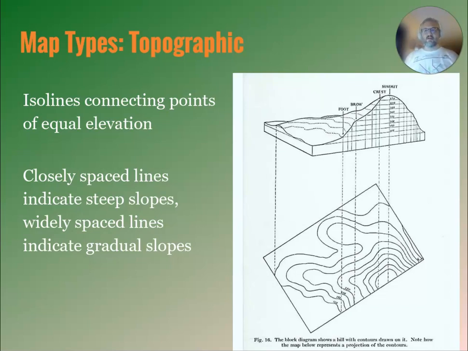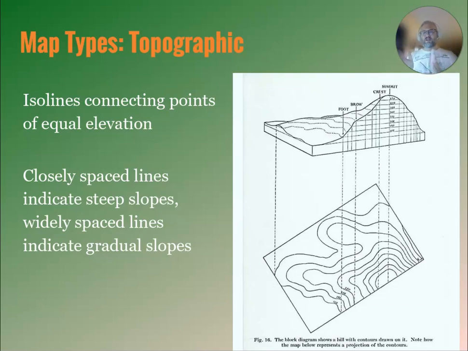If we're saying each isoline is 10 feet of elevation difference, and you go a certain distance forward and cross 3 of those lines, you've gone up or down 30 feet. But if in another part of the map, you go forward that same distance and you only cross 1 line, you've now only gone up or down 10 feet. So that's a much shallower slope.